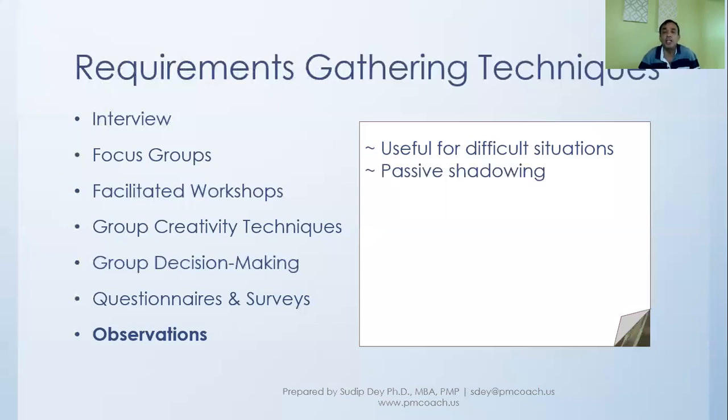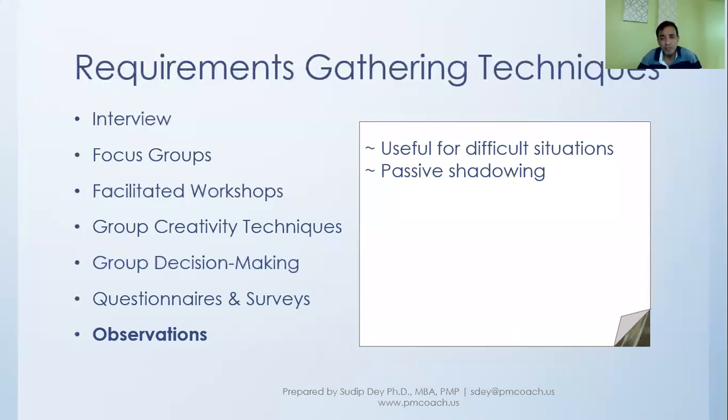Now, observation is also called shadowing, and there are two forms of shadowing. One is called passive shadowing, where you will go in to observe what they are doing. For example, let's say you are changing or upgrading a finance system, and you want to know what kind of process is involved for different activities that are being done in the finance.